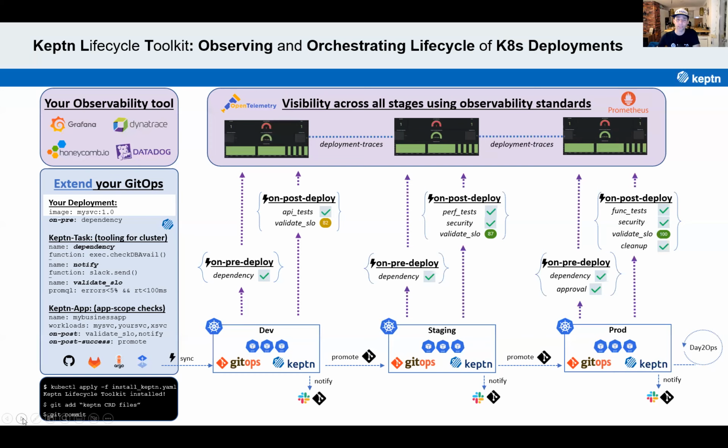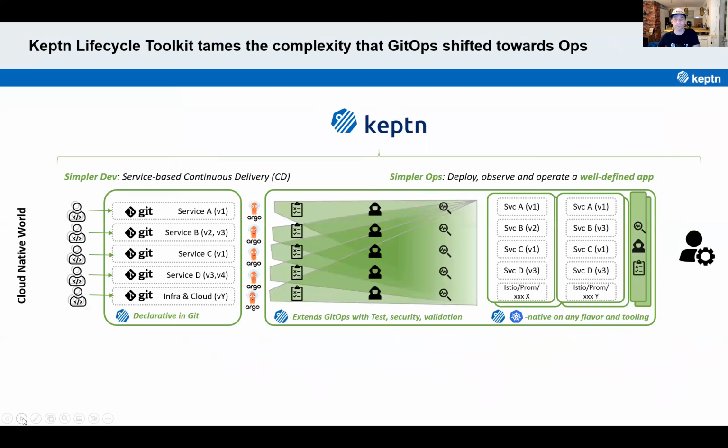We are getting there. We need some support and help, but really, in the end, to come back to my first slide where I said GitOps has shifted the complexity to operations, but GitOps is necessary and it's great that we have it because it made life easier for dev. Keptn, I think, will make life easier for dev and ops, what I showed you.